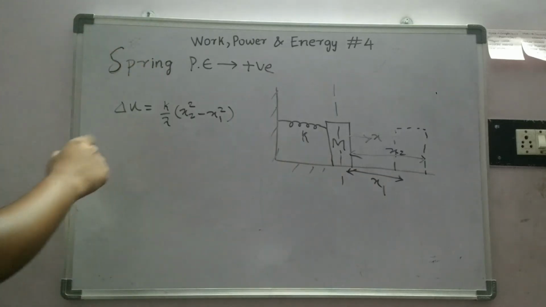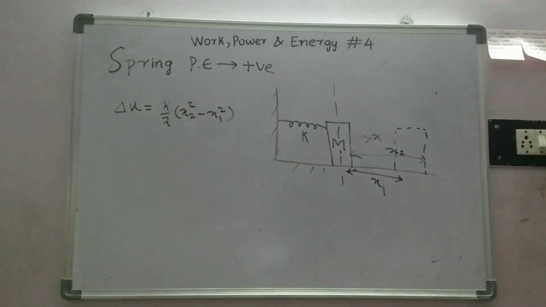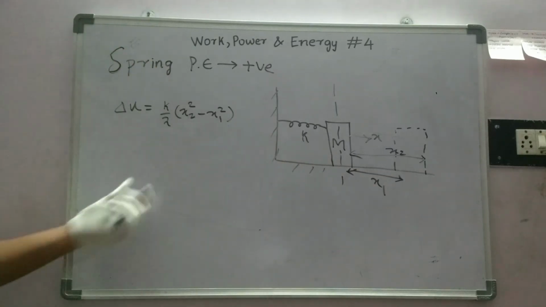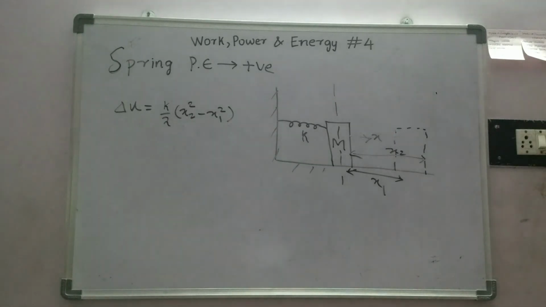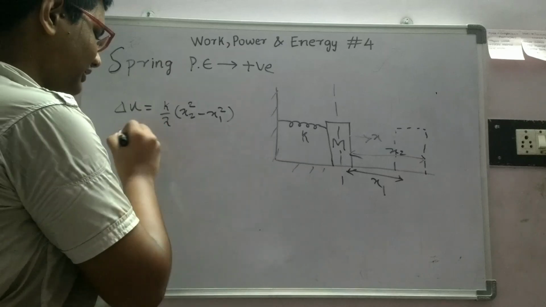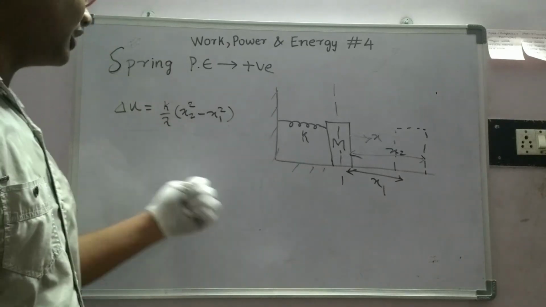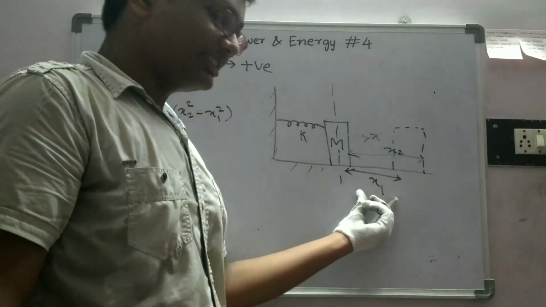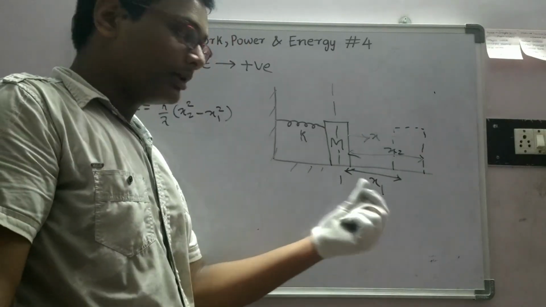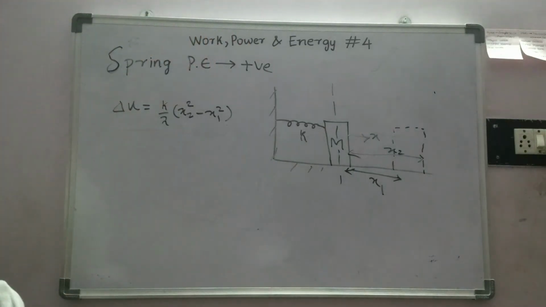And delta U, that is U final minus U initial, is kx2 square by 2 minus kx1 square by 2. This is the potential energy change when you move the block from x1 to x2, where the distances are considered from the mean position. And that's it.